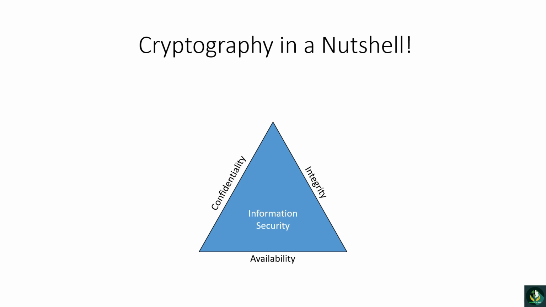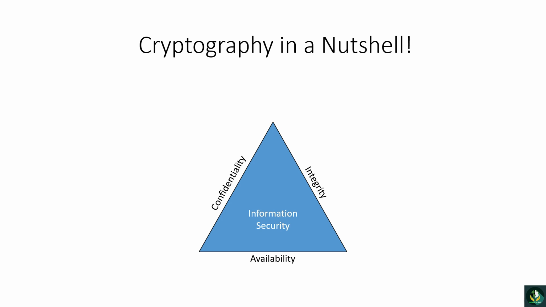That's a very important part that a lot of people sometimes forget, and cryptography helps us with it. Imagine somebody going in and changing your payroll data. Of course, if they increase your salary, that would be a good thing. But if they decrease your salary, that wouldn't be a good thing.